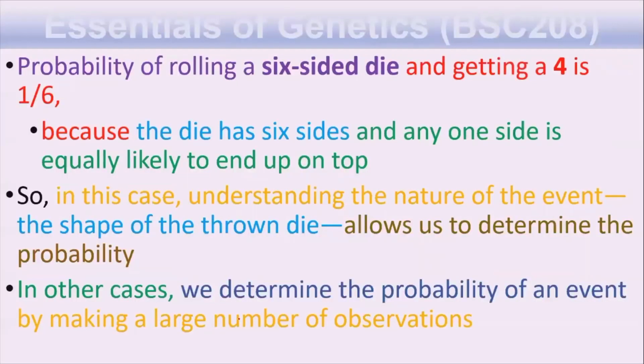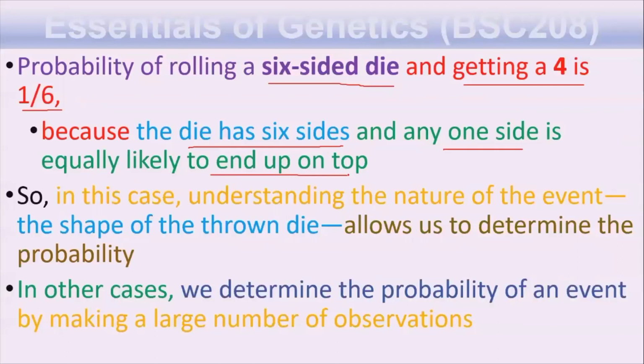Similarly, the probability of rolling a six-sided die and getting a 4 is 1 by 6, because the die has 6 sides and any one side is equally likely to end up on top. We need 4 on top, and there are 6 sides of that cube.